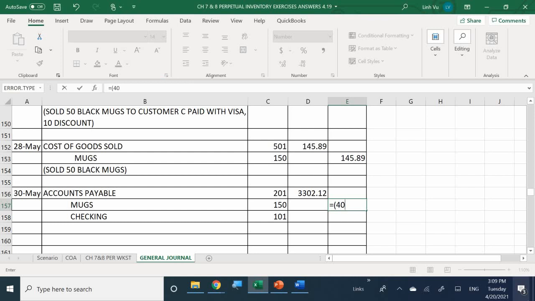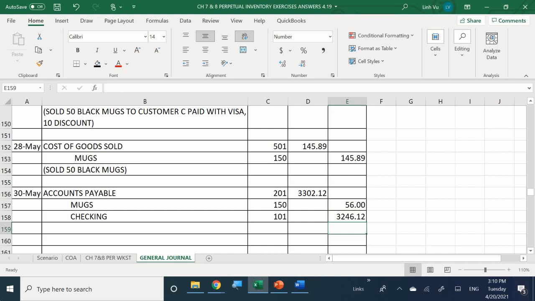Okay, so 400 times 280, times the 5%, I got $56. Okay, good. So therefore, how much am I actually going to be paying my vendor? $32,046.12 is the correct answer.